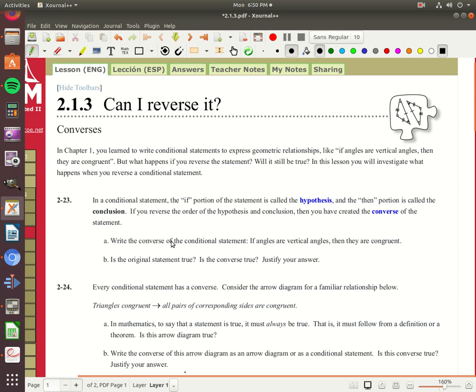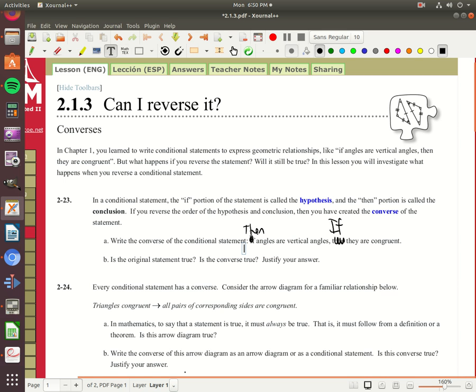So write the converse of the conditional statement. If angles are vertical angles, then they are congruent. The converse is really as easy as this, and sometimes the language doesn't make a lot of sense, but you switch the if and the then. Then you might want to clean up the diction so it sounds better.